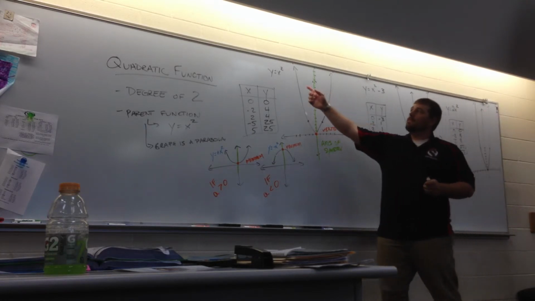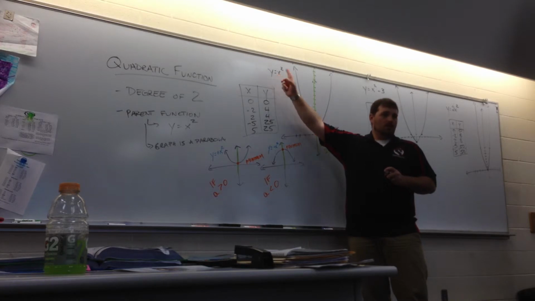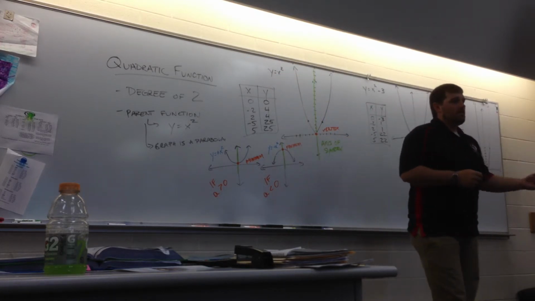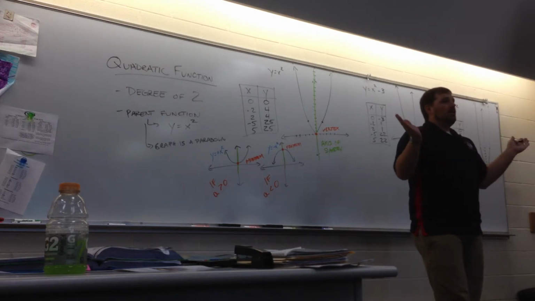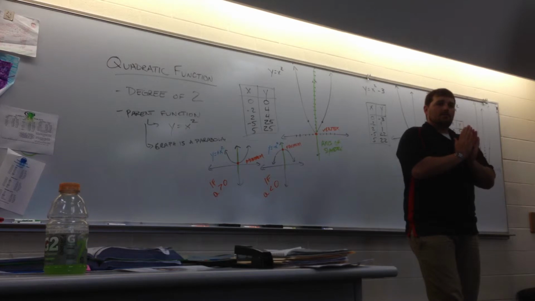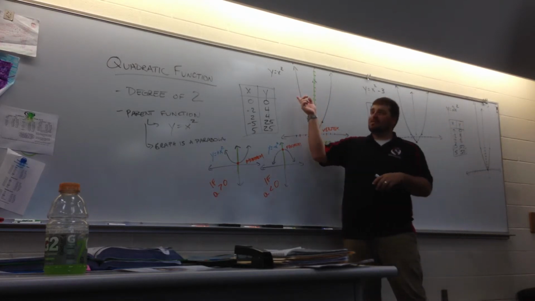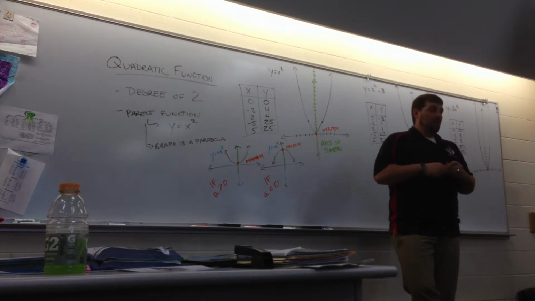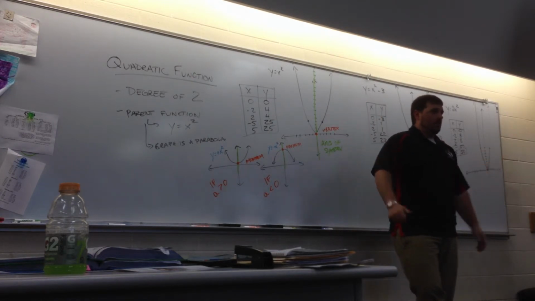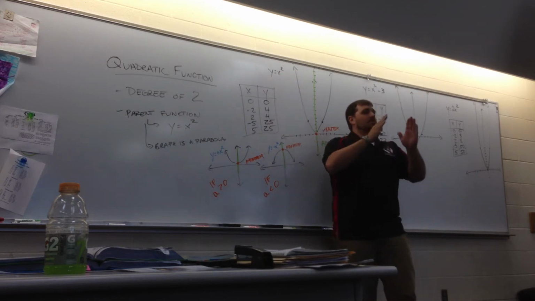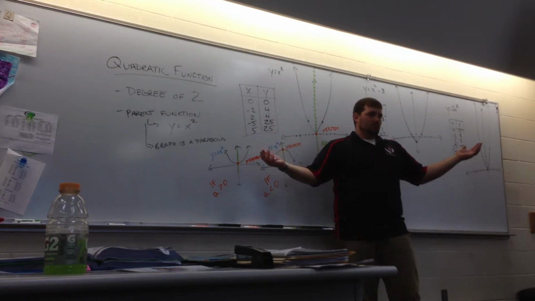So if our coefficient in front of our x squared term is greater than 1, it makes it skinnier. And the bigger the number, the skinnier it gets. If it's less than 1, what do you think is going to happen? It'll get fatter or wider. So if there's a fraction or a decimal number out there, it's going to get wider. Does that make sense?